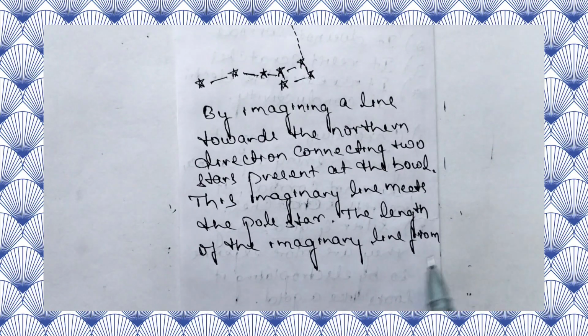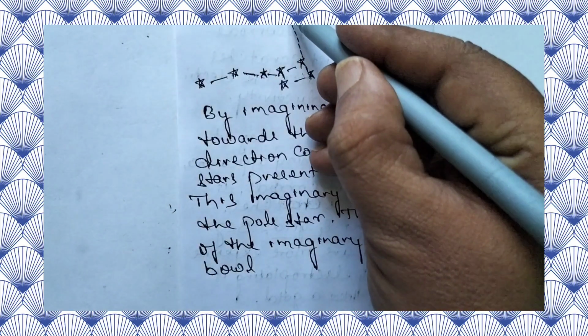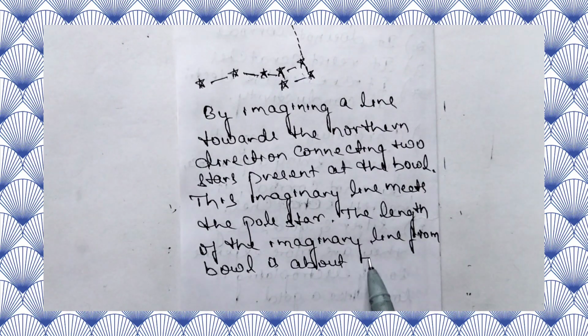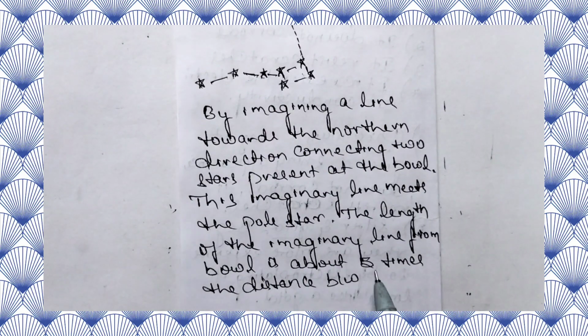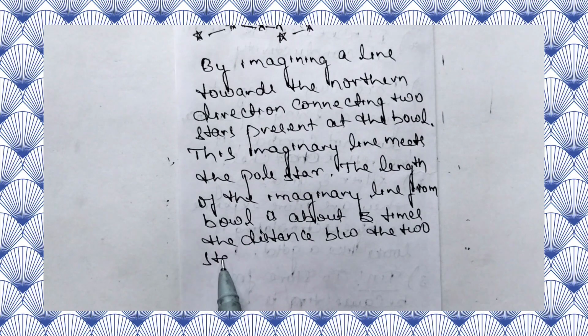The length of the imaginary line from the bowl is about 5 times the distance between the two stars of the bowl.